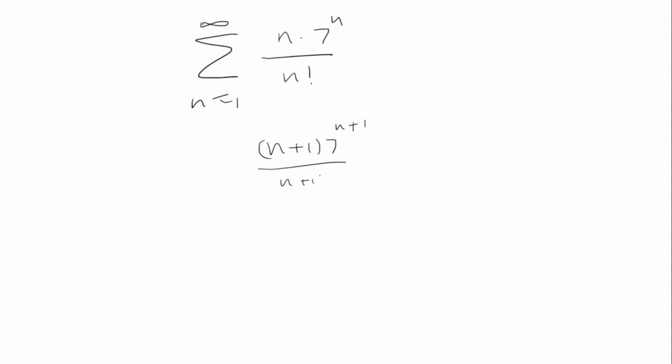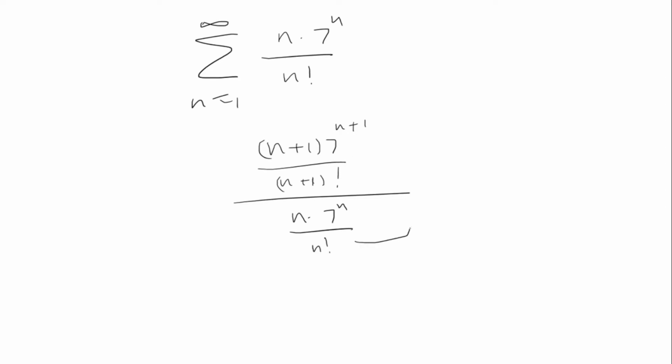Okay, last example, we have the sum from n equals 1 to infinity, n times 7 to the n over n factorial. So this looks like a good problem to use the ratio test. So we're going to plug in n plus 1 in for n to find the n plus first term. And then we're going to divide this by the nth term.